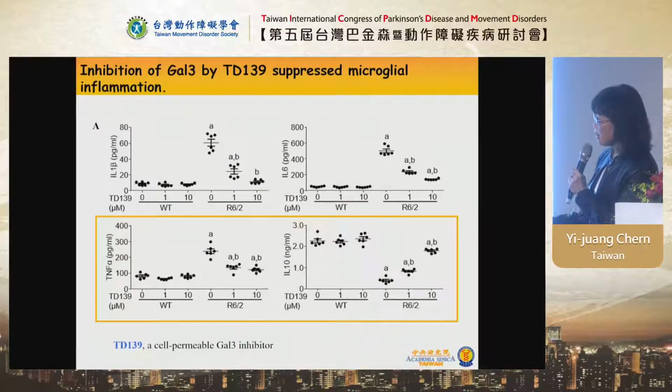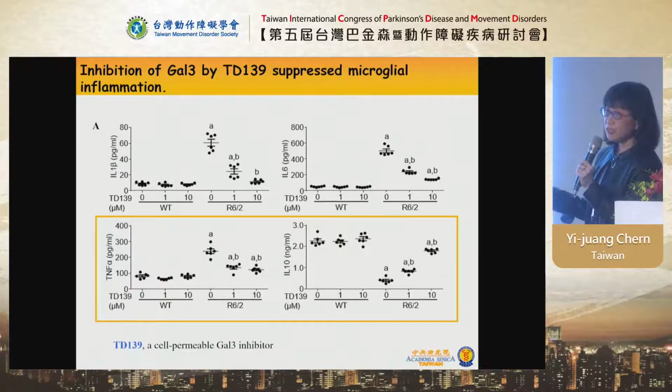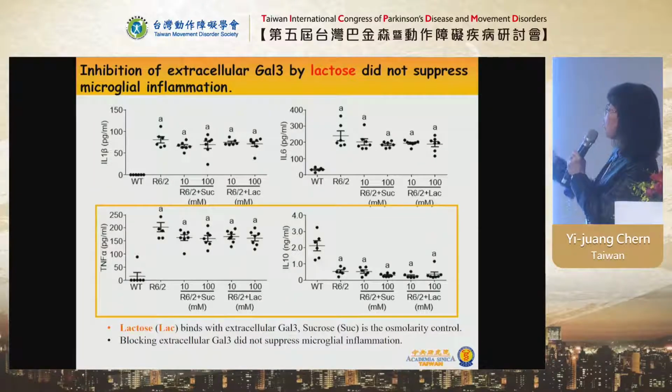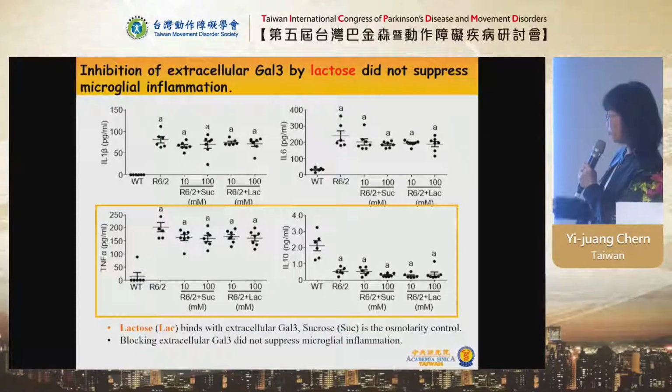So let's look at this inflammatory mediator TNF-alpha. You'll find in the Huntington's microglia, if you treat it with TD139, it would suppress it. So this site is probably intracellular, because if we use another treatment, lactose, a very simple compound that cannot enter the cell but could block the function of galectin-3, you find there's no difference at all.